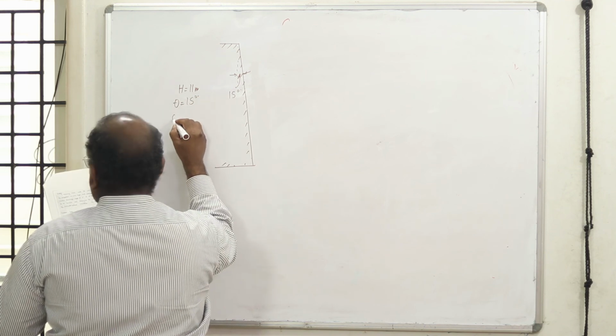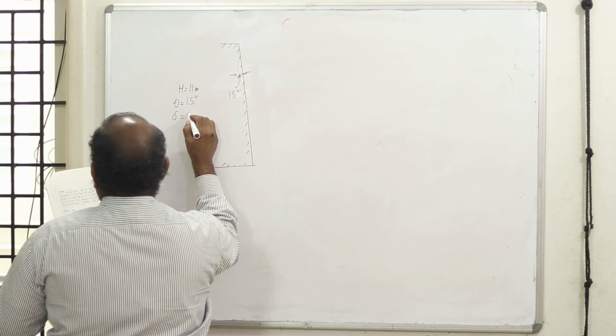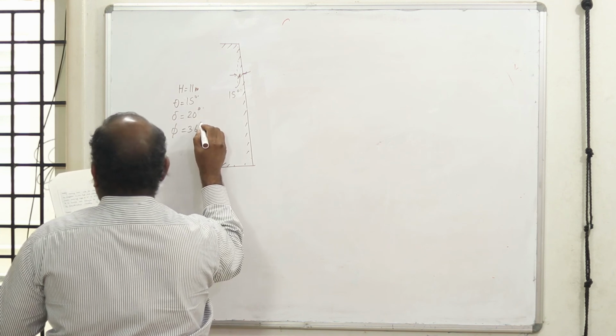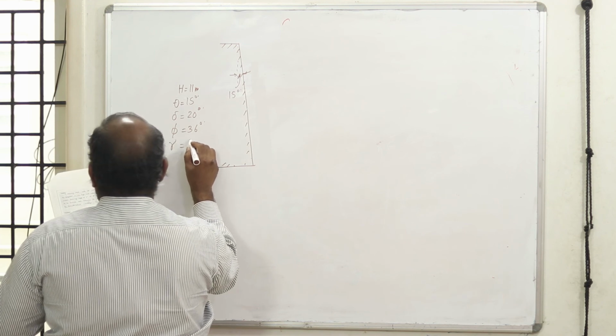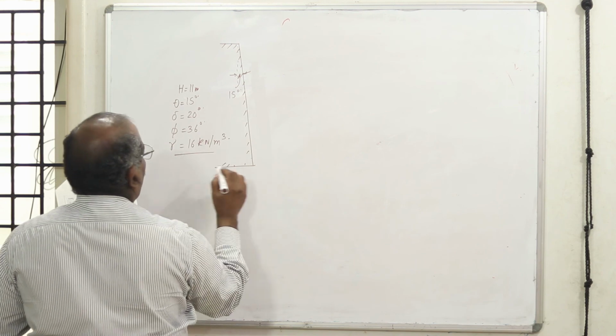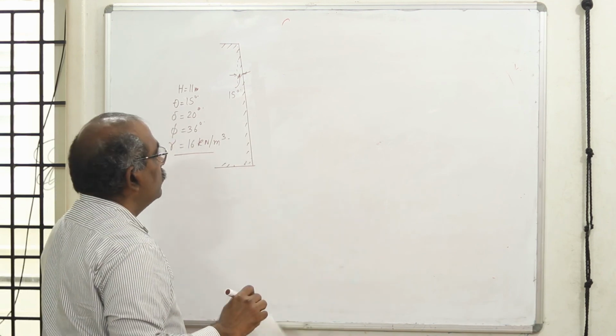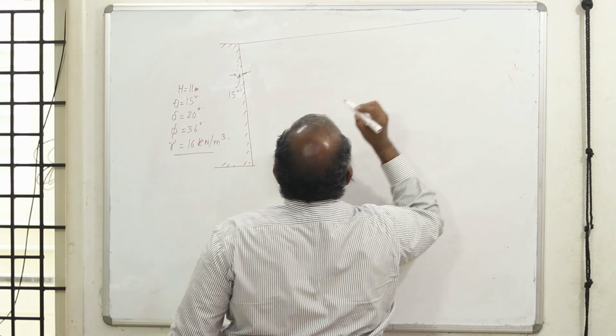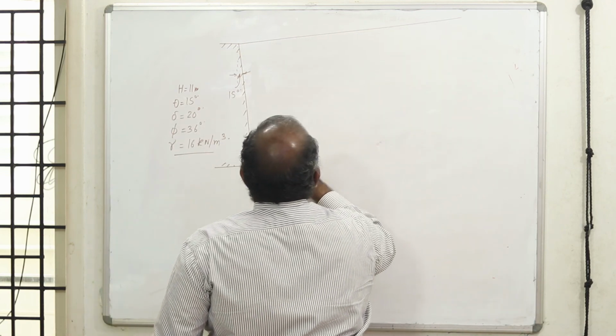He has given delta, wall friction, as 20. The phi value is 36, and he has given the unit weight as 16 kilonewton per meter cube. With this data, we need to now try to construct this beta. Phi is 36.